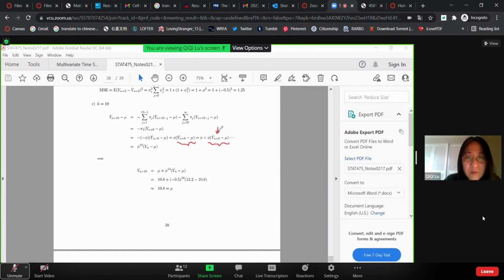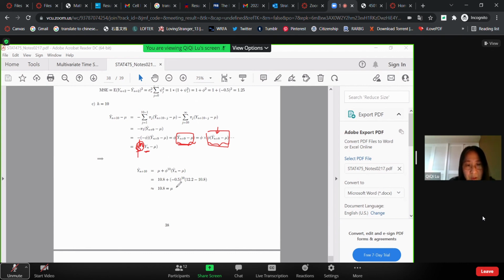So the last one is yn plus 8 hat minus mu. So this part is this one here. So we get another phi, right? So just repeat until you get to yn. So the coefficient is phi to the power h. H equals 10. So it's phi power h times yn minus mu.